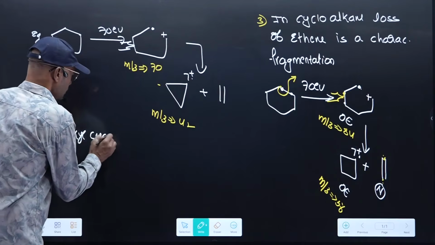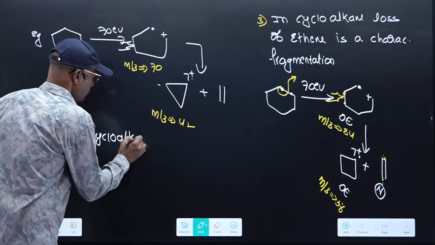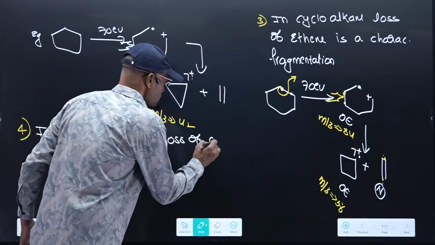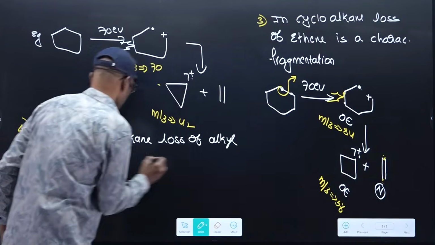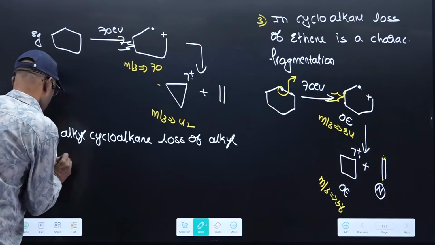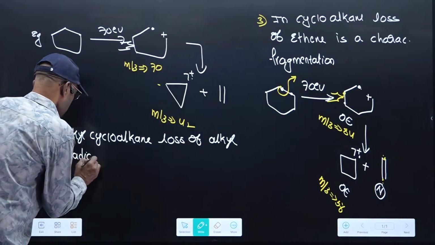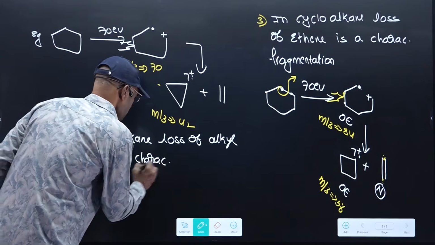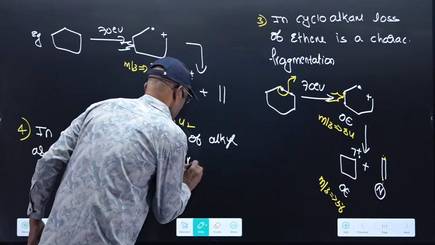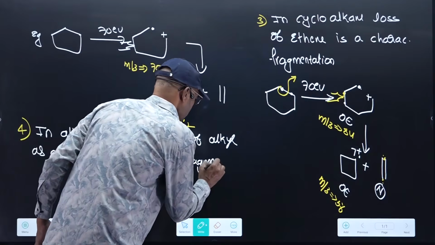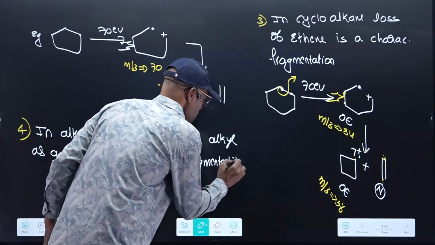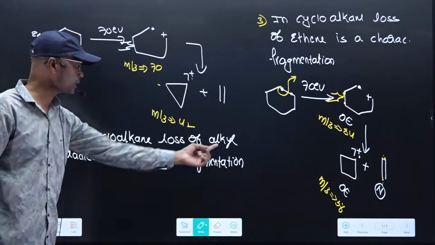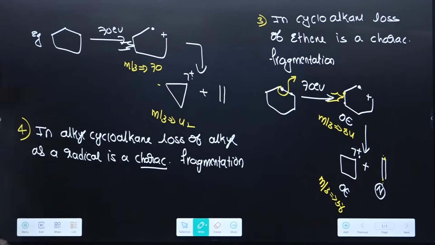In alkyl cycloalkane, loss of alkyl as a radical is a characteristic fragmentation. It is a characteristic fragmentation. Means it is the most common fragmentation. Loss of this alkyl in the form of radical is a characteristic fragmentation, which means like this.